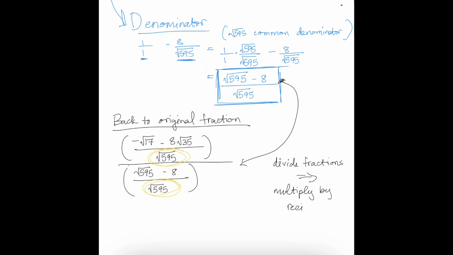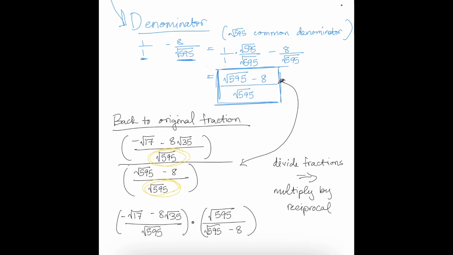So when we multiply by the reciprocal of the denominator, it's going to cancel. So what does that look like? It looks like negative square root of 17 minus 8 square root of 35, and then this becomes square root of 595 divided by 595, square root of 595 minus 8.